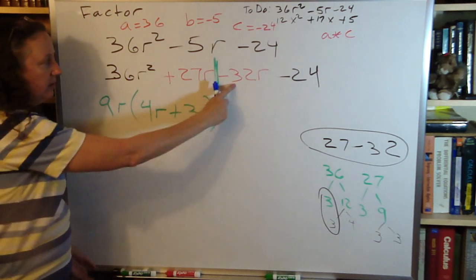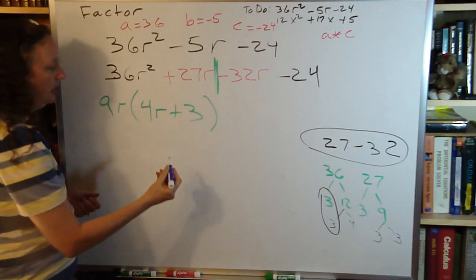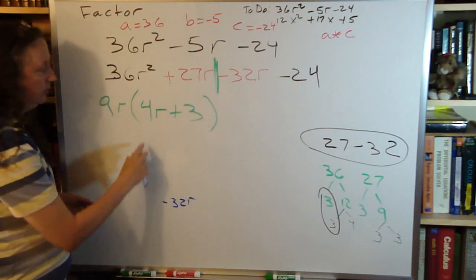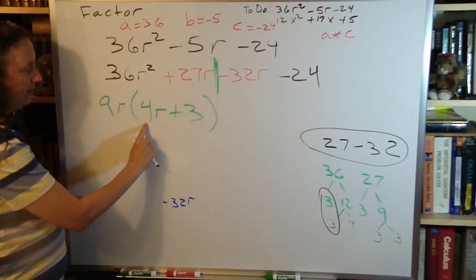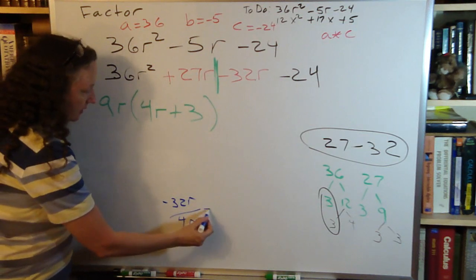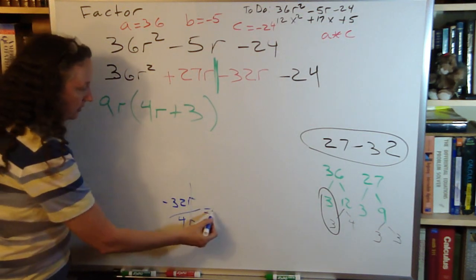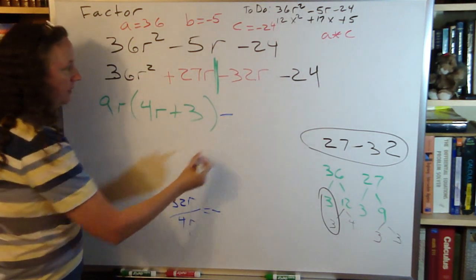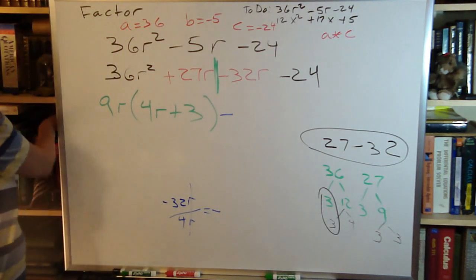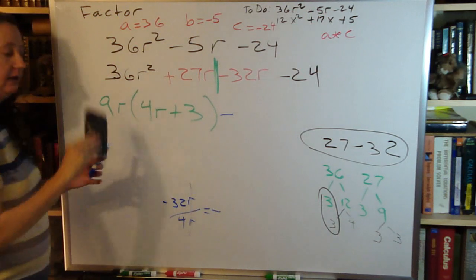Going to the next part, I have negative 32r. Using my shortcut, I divide that by 4r. The r's cancel out. I have a negative number. 32 divided by 4 is what? I don't know. Calculator time.